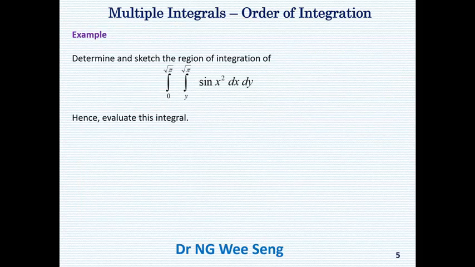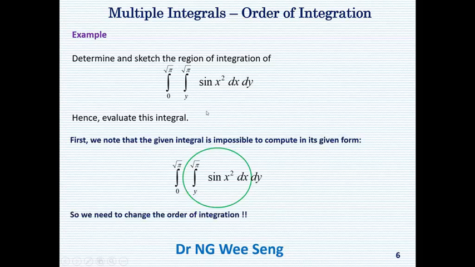So here's an example to illustrate the techniques of changing the order of integration. But first let's inspect the integral to find out why we have to change the order of integration. Actually, it's not difficult to tell. If we do this directly, we will have to first compute the inner integral as usual.